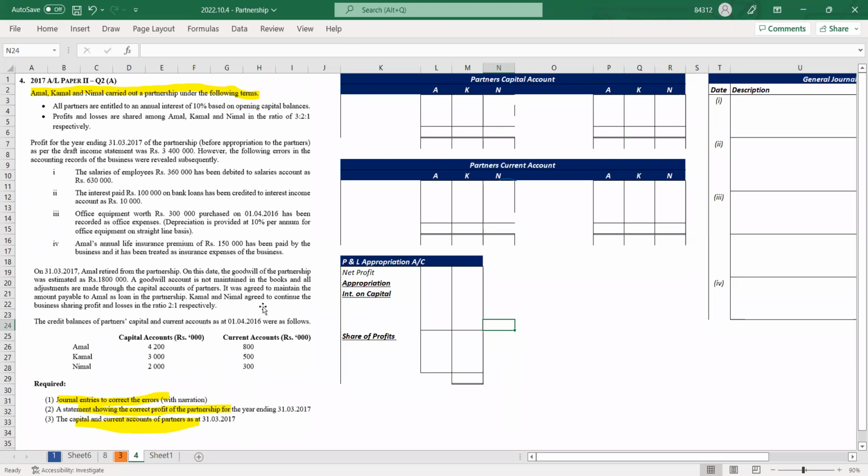A goodwill account is not maintained in the books and all the adjustments are made through the capital accounts of partners. It was agreed to maintain the amount payable to Amal as a loan in the partnership. Kamal and Nimal agreed to continue the business sharing profits and losses in the ratio of 2:1 respectively. The credit balances of partners' capital and current accounts at 2016. Right. So that means Amal is retiring at the end of the year.